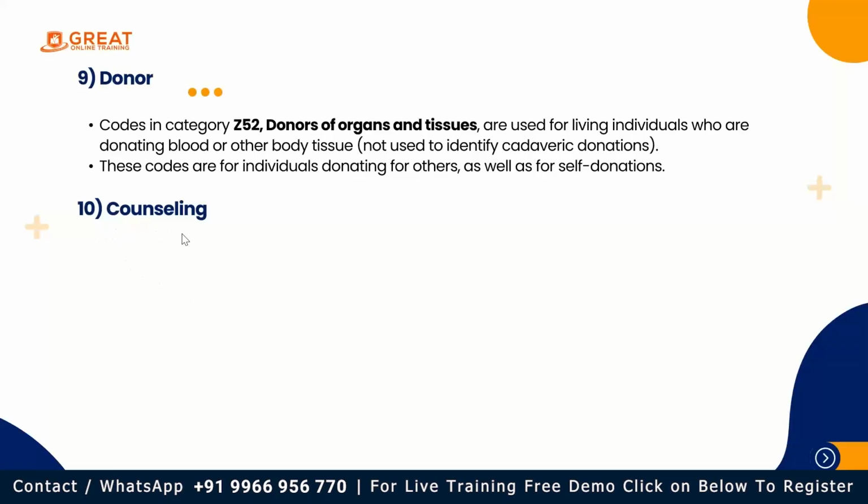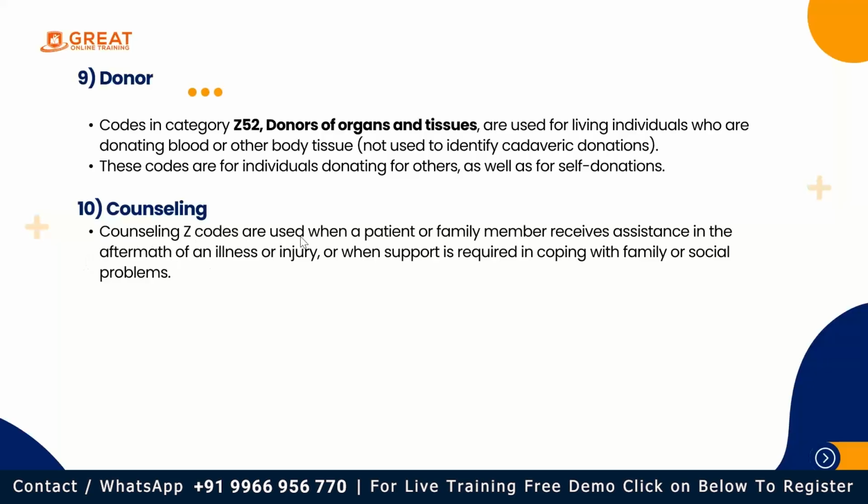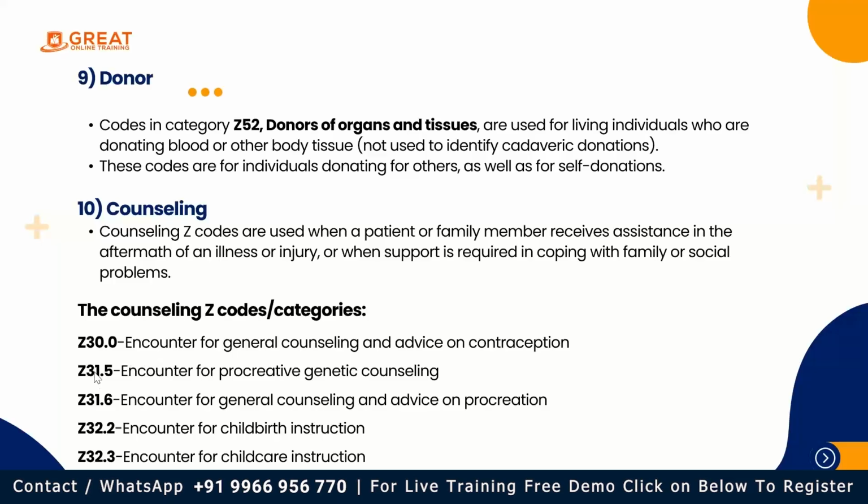Next category, counseling. Counseling Z codes are used when a patient or family member receives assistance in the aftermath of an illness or injury, or when support is required in coping with family or social problems. So we have codes for counseling also. Some examples are Z30.0, encounter for general counseling and advice on contraception.